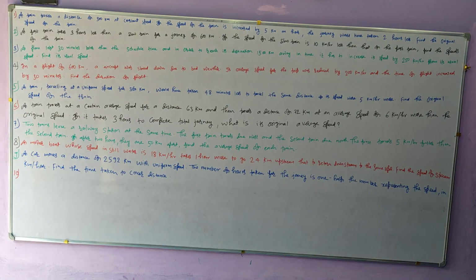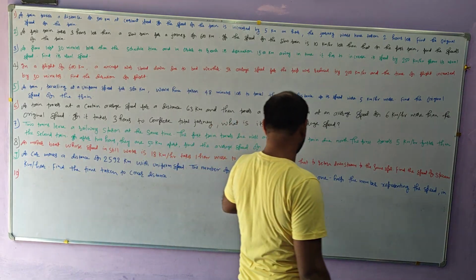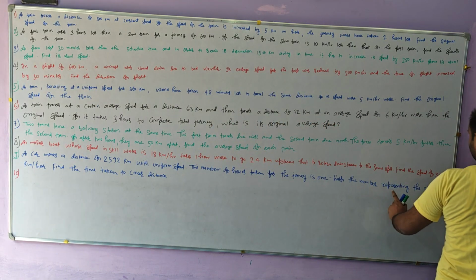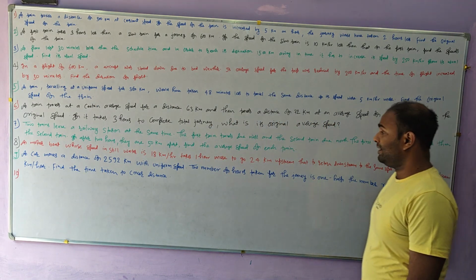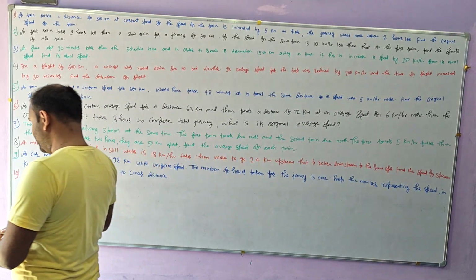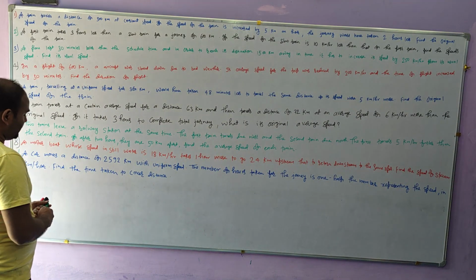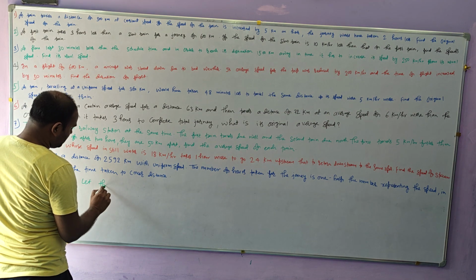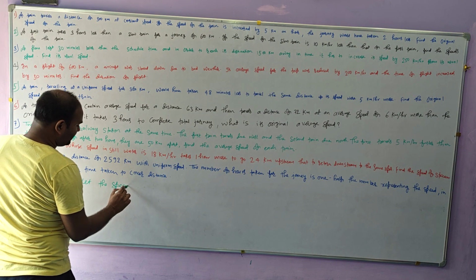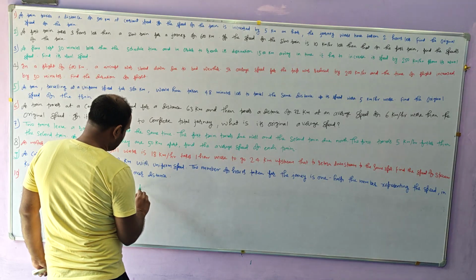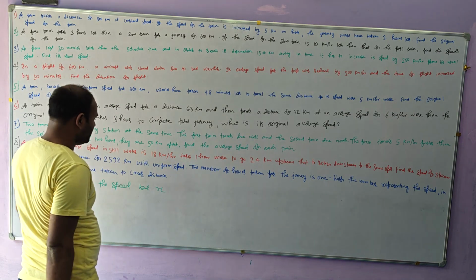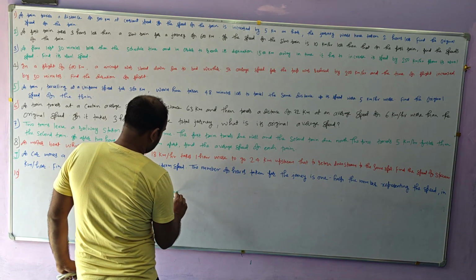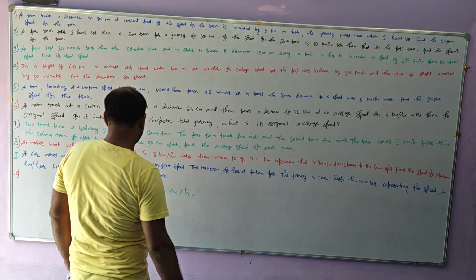So firstly, the number of hours taken for the journey is one half of the number representing the speed in kilometer per hour. So firstly we consider, let the speed be x kilometer per hour.